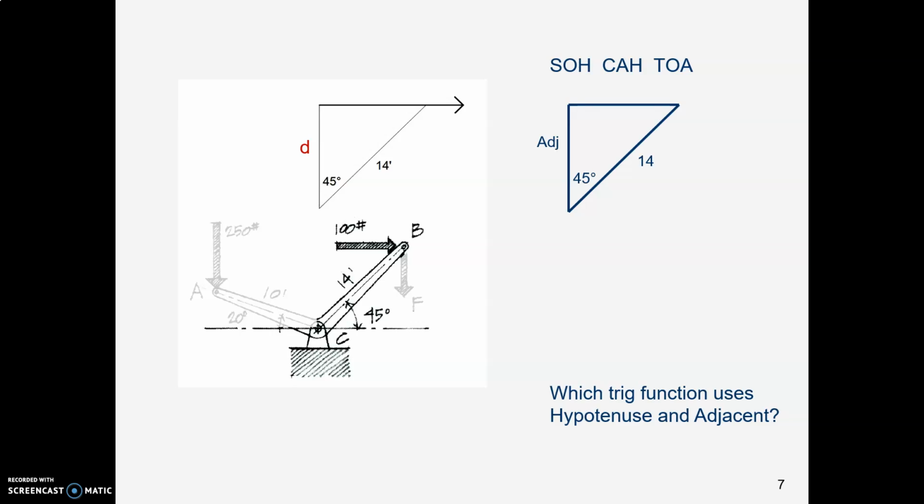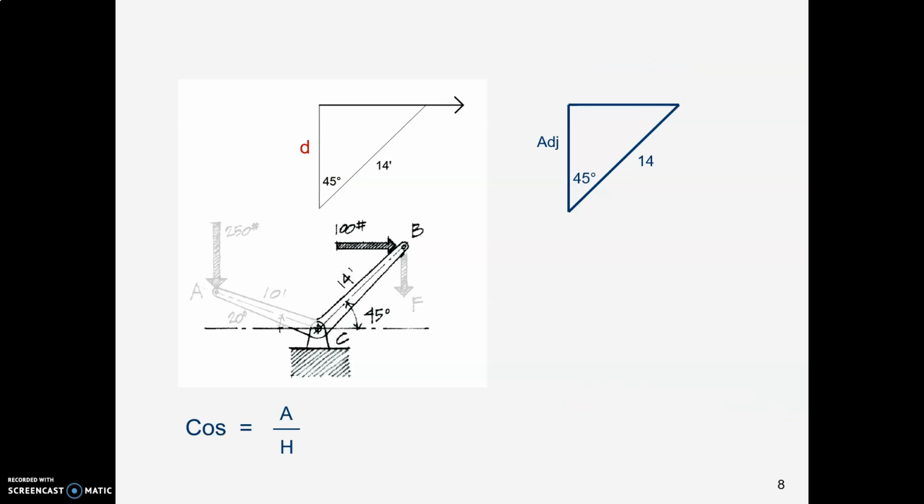Again, it's cosine. Cosine is adjacent over hypotenuse. And again, we're looking for adjacent, so we'll rearrange the terms. Hypotenuse times cosine gives us adjacent. What's the hypotenuse here? It's 14 feet. So 14 times cosine of 45 will give us that vertical distance from the pivot point perpendicular to the line of action.